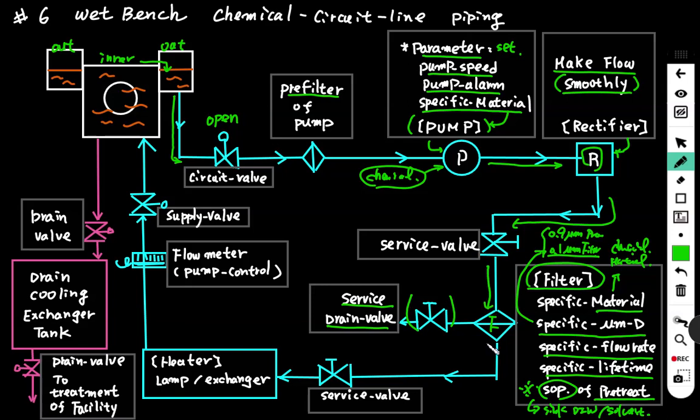Then normally after the filter we have the service valve also here to cut off the flow of the circuit line to the surface, and it goes through the heater here.